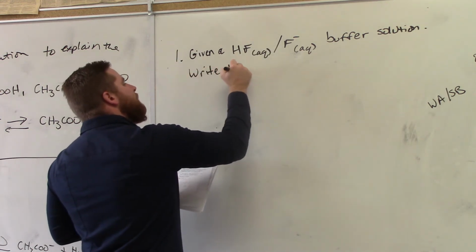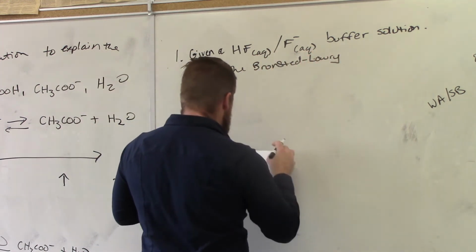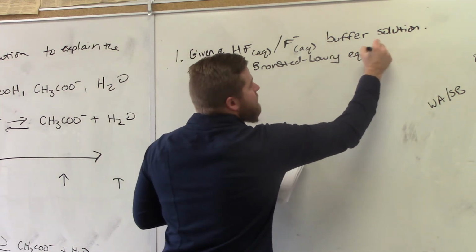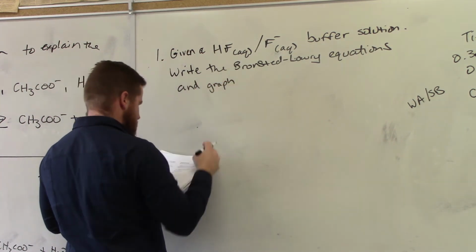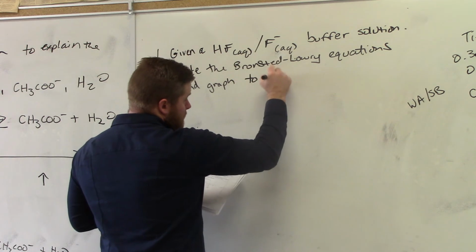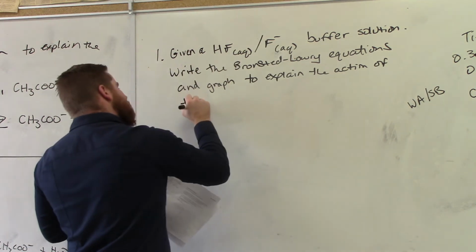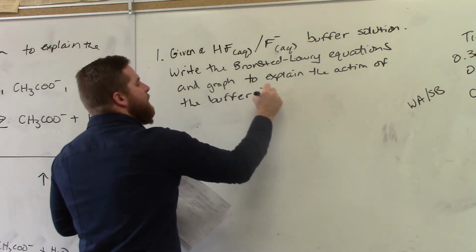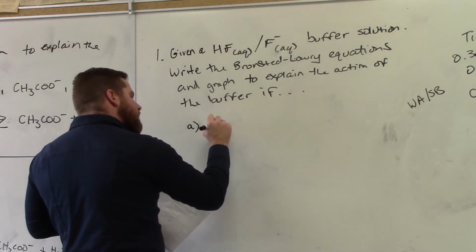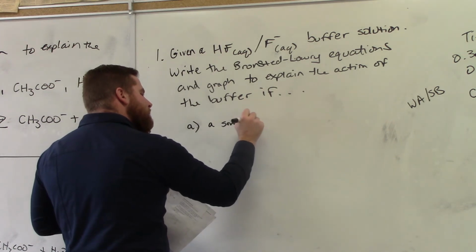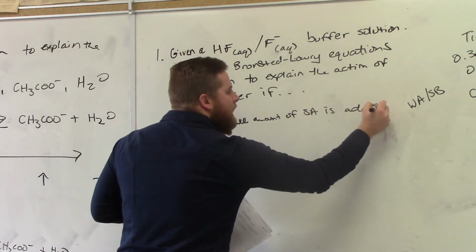This says write the Bronsted-Lowry equations and graph to explain the action of the buffer if a small amount of strong acid is added. So let's do that.